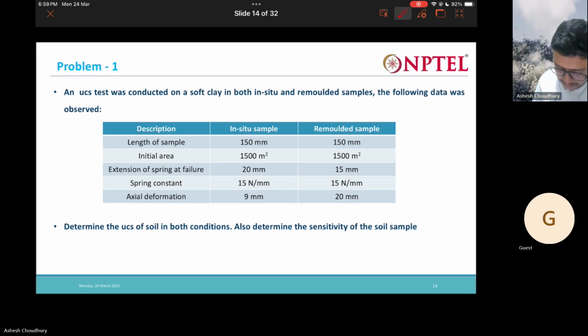So the length of sample is given, initial area, extension of spring at failure, spring constant, axial deformation. First you need to find out the failure load.